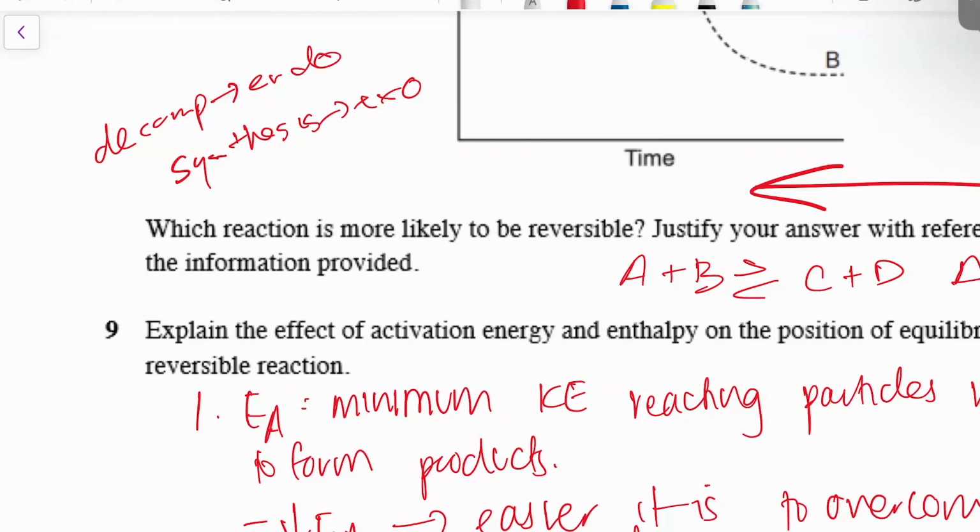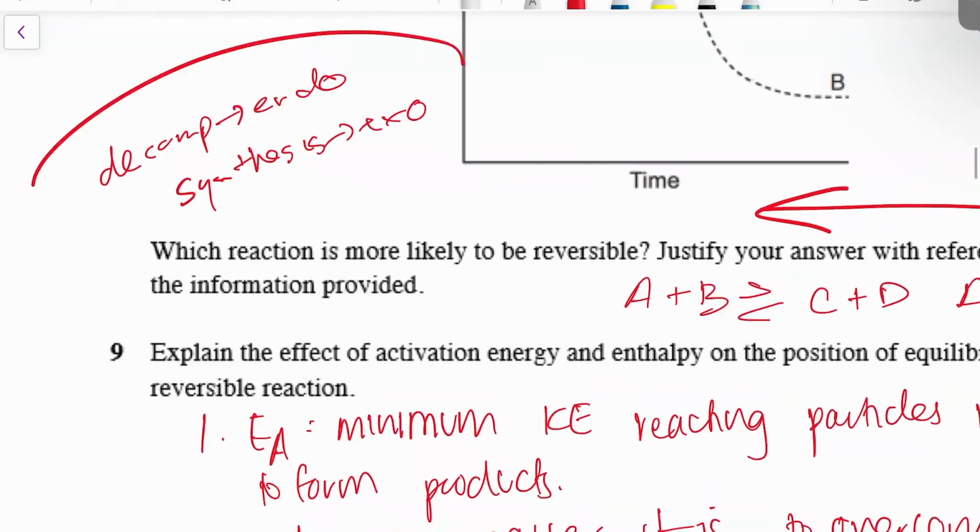If there's this general rule, they might even give you an equation without giving you the delta H. If you can identify that it's a decomposition, then delta H is going to be positive. And keep in mind with certain equations, we always know if it's exothermic or endothermic. Neutralization is always exo, combustion is always exo, in which case they might not give you the enthalpy as well, but they might ask you for the position of equilibrium anyway.